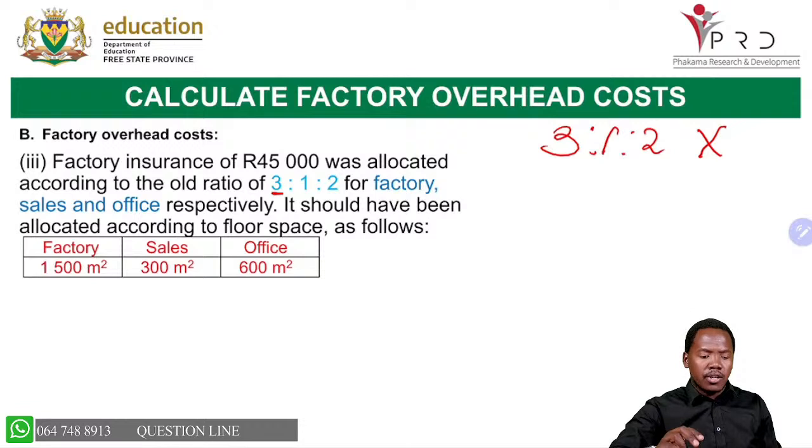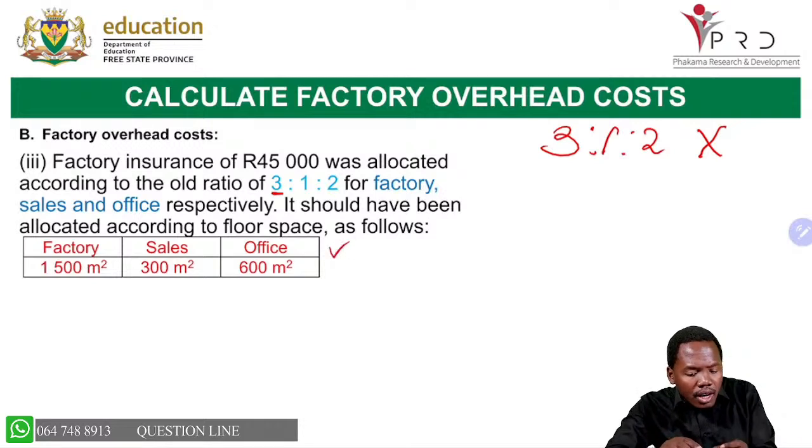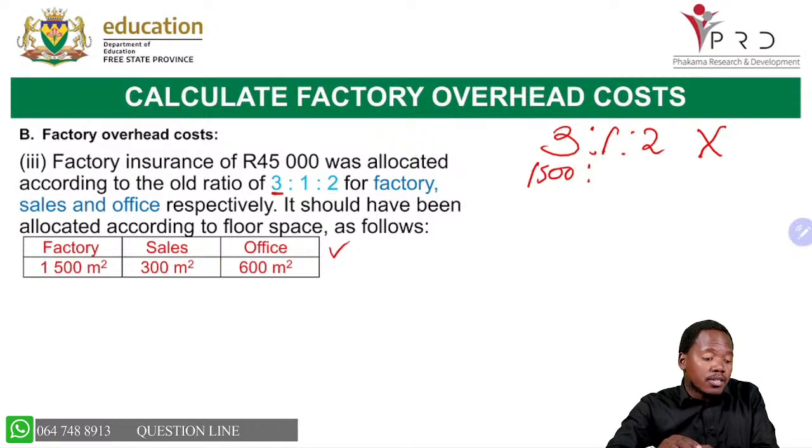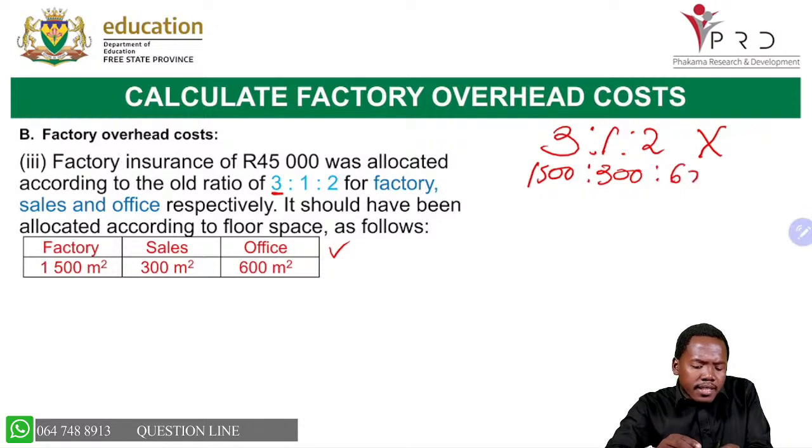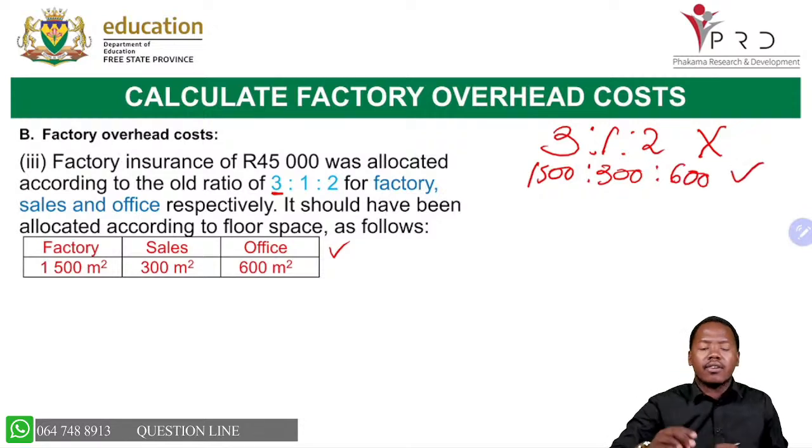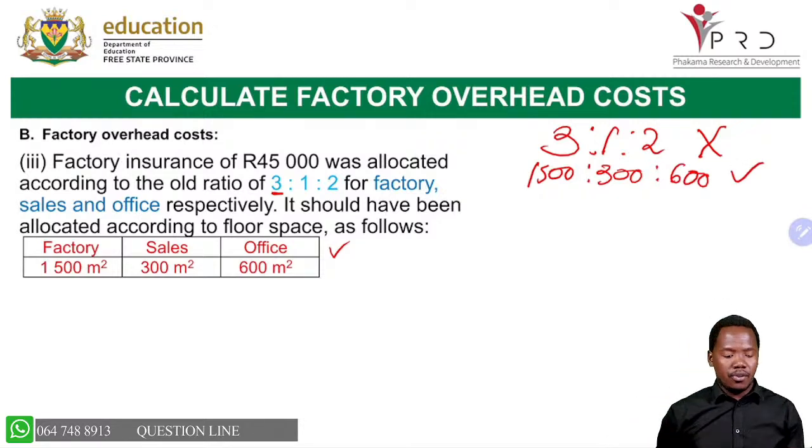We allocated using that ratio. It should have been allocated according to the correct ratio. Our correct ratio says 1,500 square meters is to 300 square meters is to 600 square meters. This is the correct ratio.